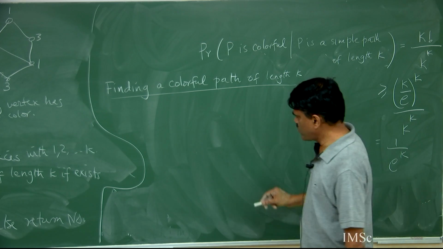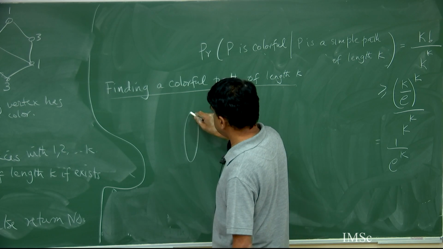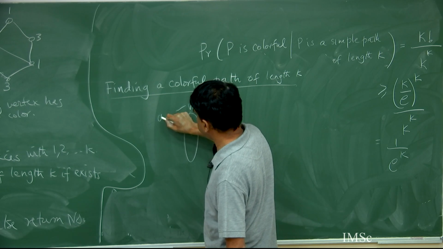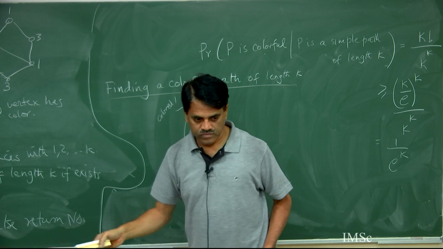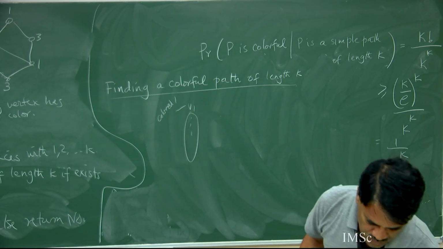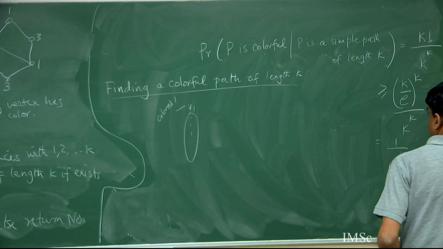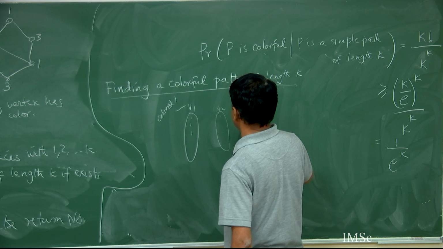So let us say these are all the vertices colored 1. These are colored 2, and there are k colors.